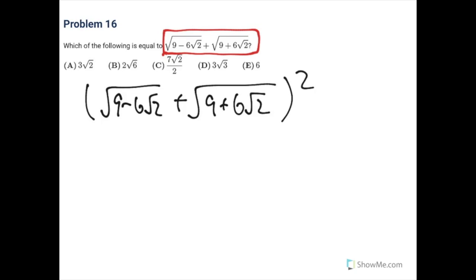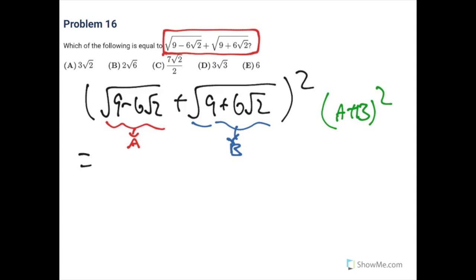Let's call this A, and let's call this B. Then this is essentially a plus b all squared, and a plus b all squared is equal to a squared plus 2ab plus b squared.